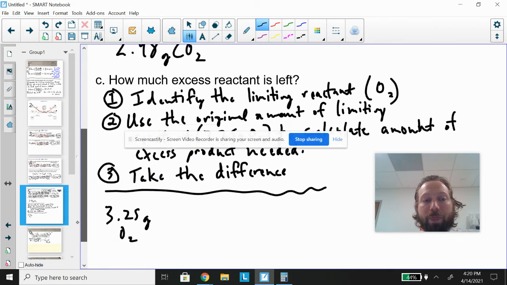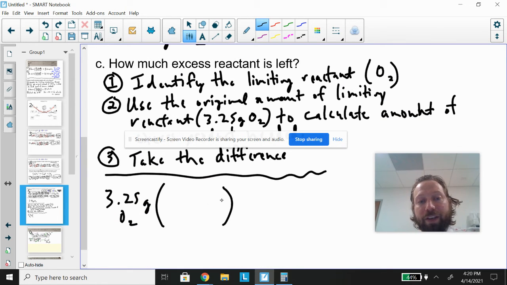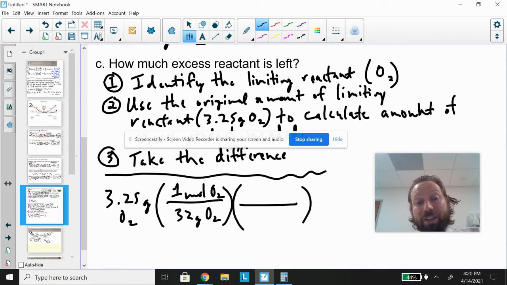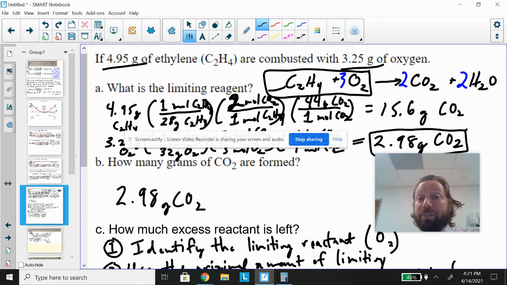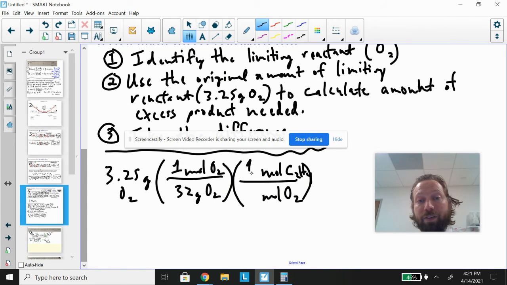First we're going to convert this to moles. So 32 grams of O2 for every 1 mole of O2. Now what is given to me is the moles of O2, and what I want to get, what's unknown, is C2H4. So what is my relationship between those two? For every 3 O2s, I have 1 C2H4.